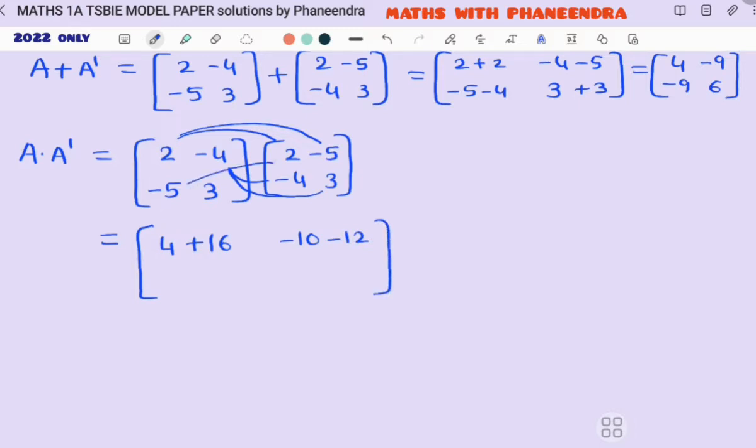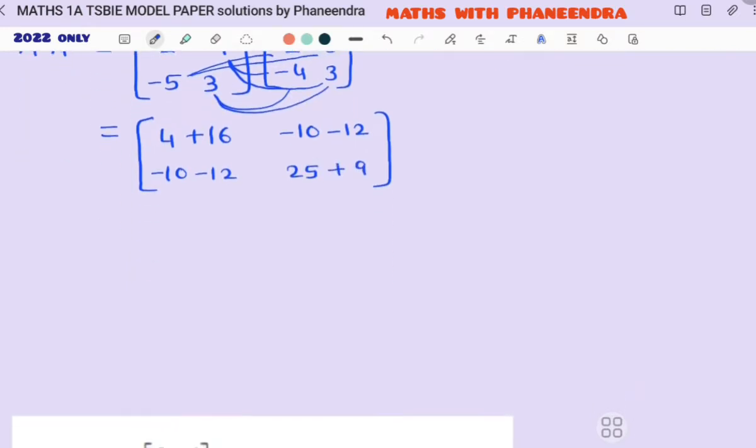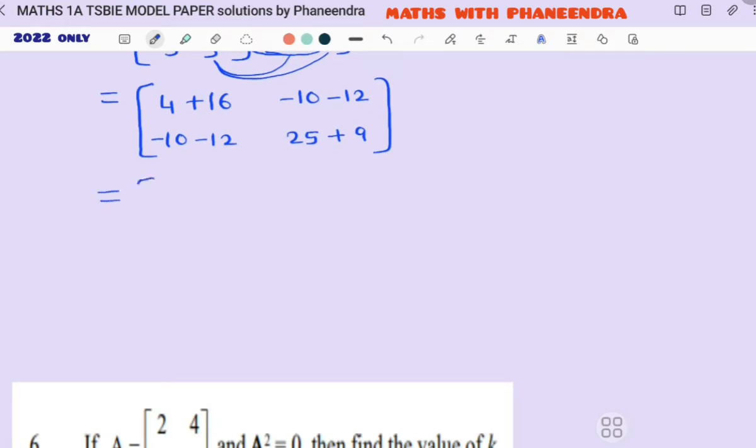Next, minus 5 into 2 is minus 10, 3 into minus 4 is minus 12, minus 5 into minus 5 is 25, 3 into 3 is 9. So which is equal to [20, minus 22; minus 22, 34].